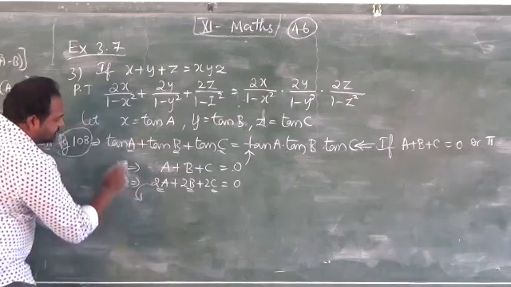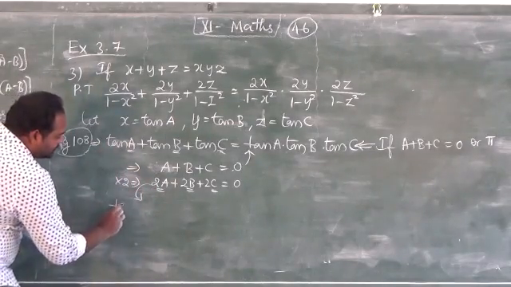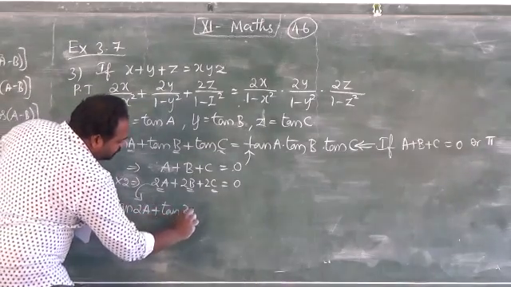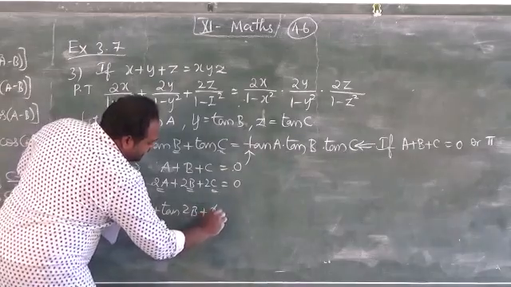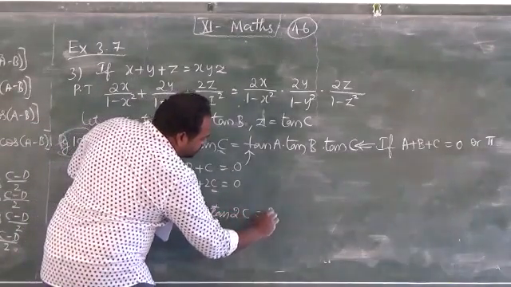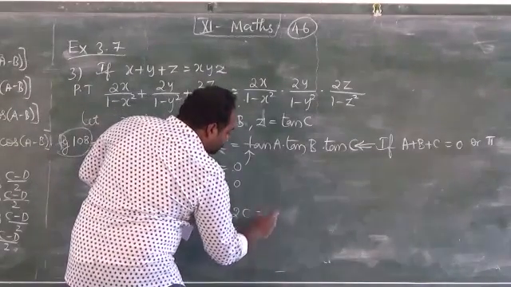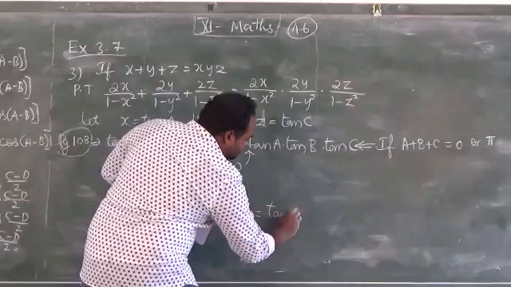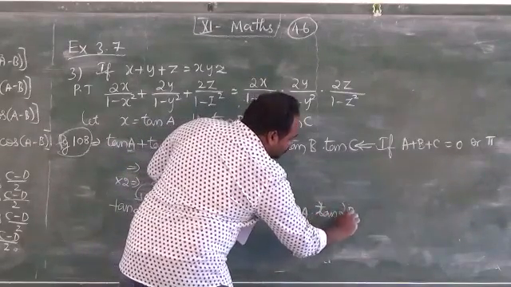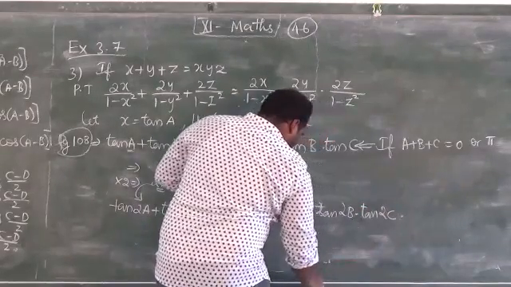By using this condition, we can change the identity to tan 2A plus tan 2B plus tan 2C equal to tan 2A into tan 2B into tan 2C.